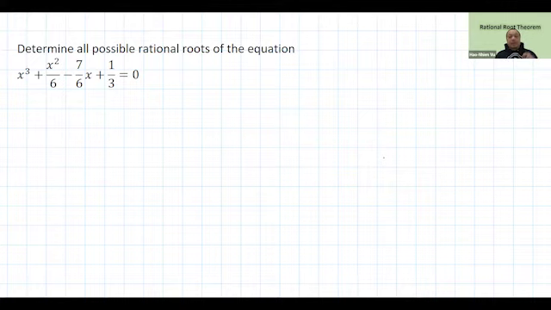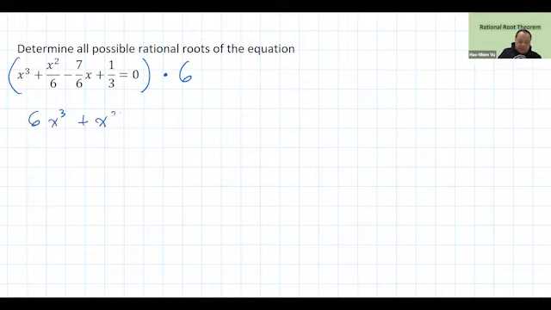But the coefficients must be all integers, and several of these coefficients are not integers. Well, there's a way around that. If we multiply both sides by the least common denominator, then all denominators are gone. The LCD here is 6, so I'm going to multiply both sides by 6. I end up with 6x cubed plus x squared minus 7x plus 2 equals 0. So now it's all integers.